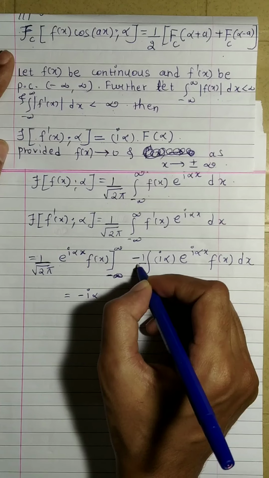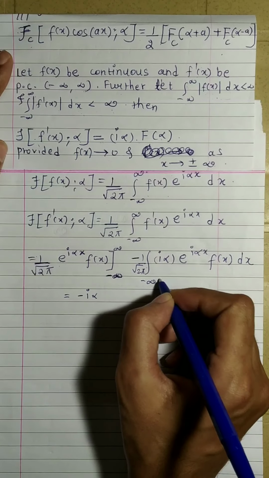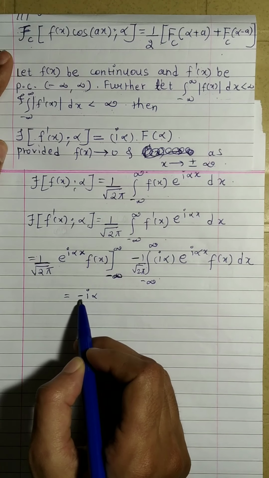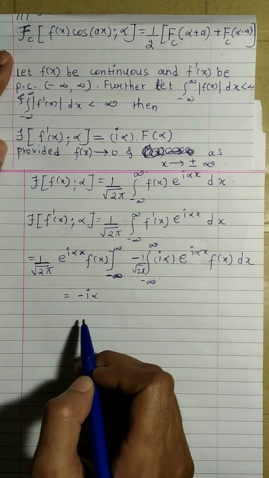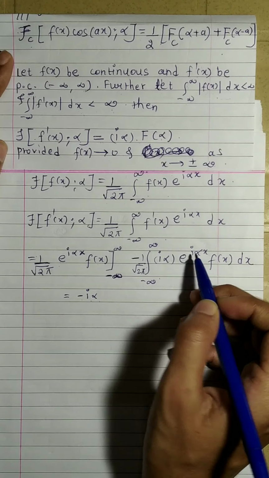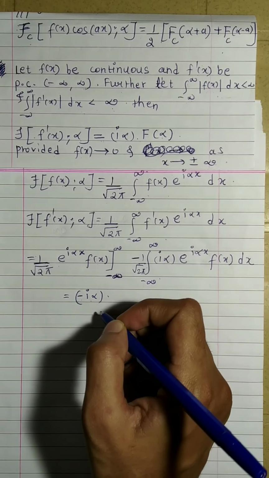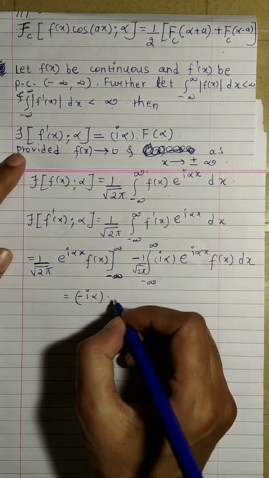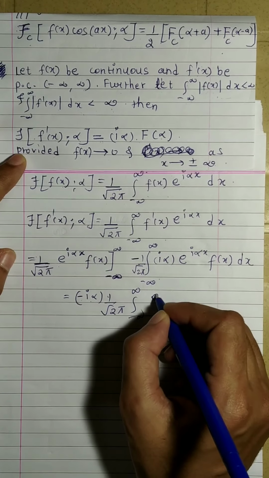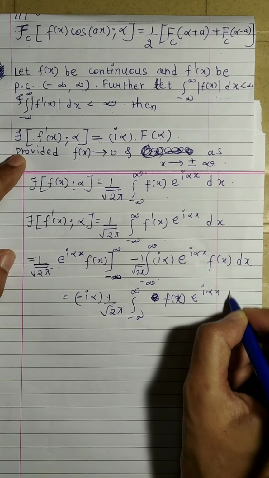This 1 upon root of 2 pi factor will remain there, and the integration from minus infinity to infinity of f(x) e raised to i alpha x dx.